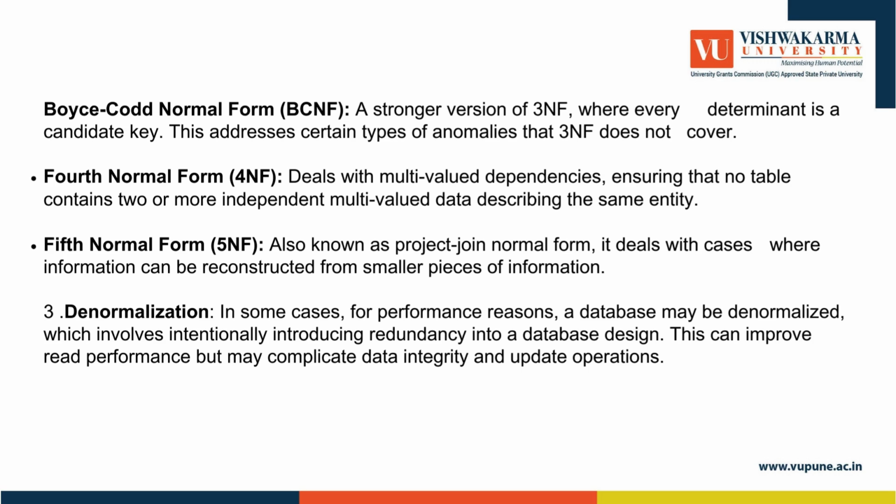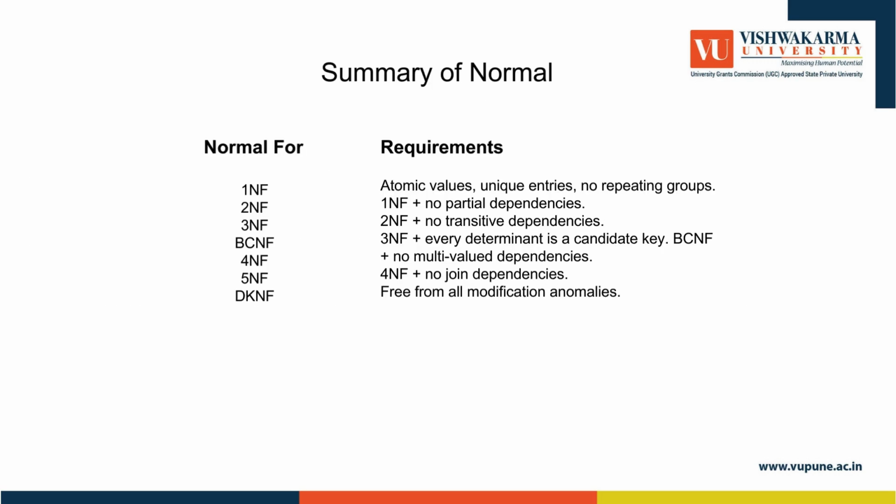Denormalization. In some cases, for performance reasons, a database may be denormalized, which involves intentionally introducing redundancy into a database design. This can improve read performance but may complicate data integrity and update operations. Here is a summary of normal forms.